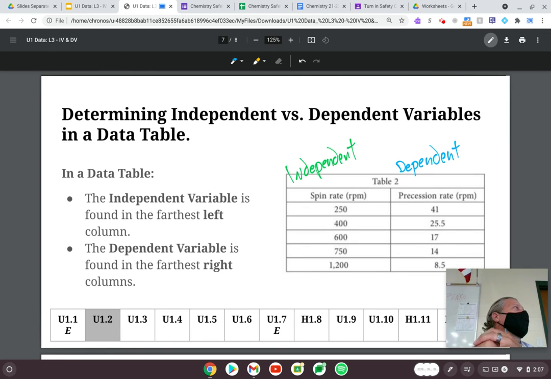It's just what we've decided is always going to be the case. So independent comes first, dependent comes second. In this case, the independent variable will be the spin rate, and the dependent variable will be the precession rate. Questions about that?